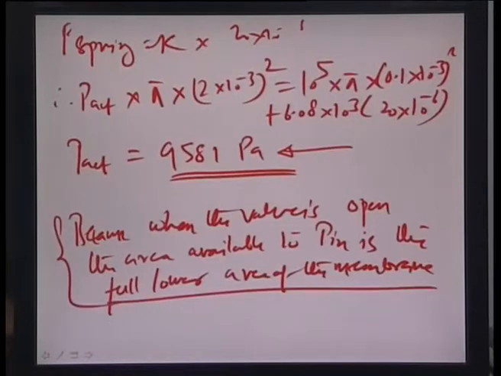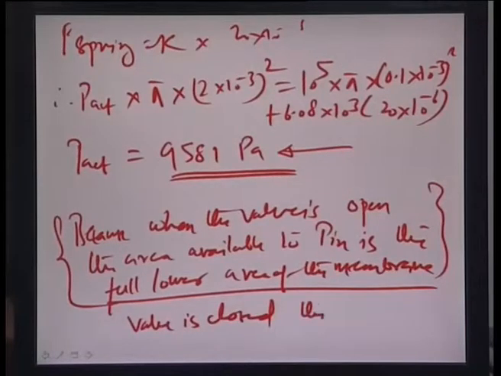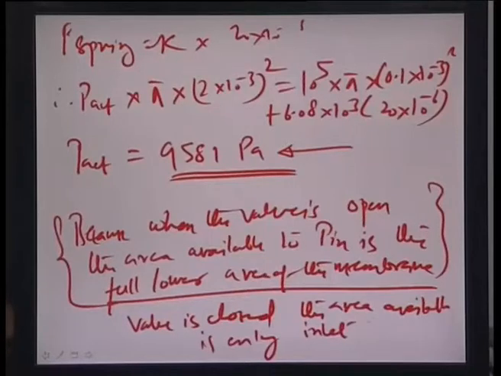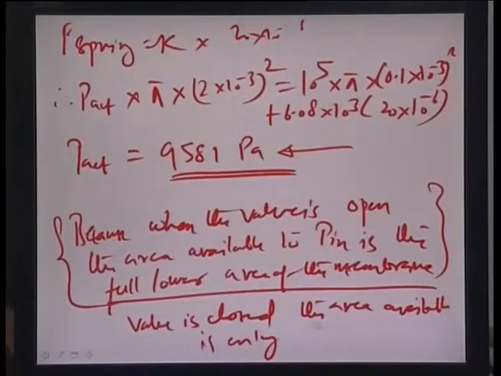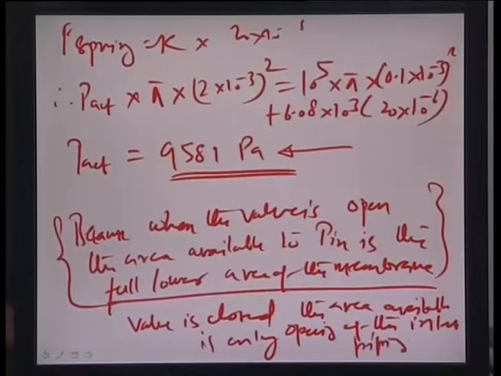And when the valve is closed, the area available is only the inlet or the opening of the piping. Inlet piping. So, that is primarily the reason why the actuation pressure in the second case, where the valve is closed, is much lower in comparison to the actuation pressure in the upper case.